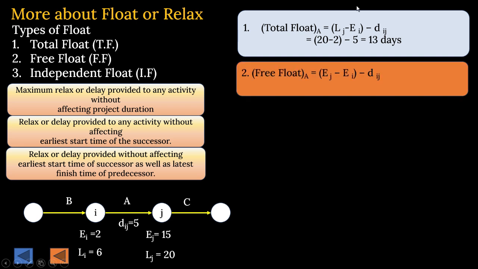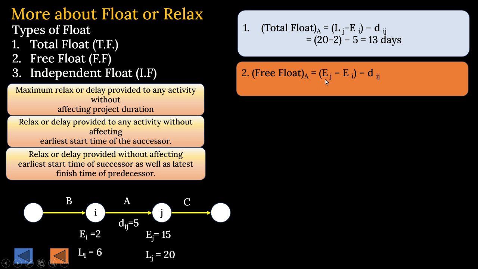Similarly, the free float of A. If you want to calculate the free float, it is the relax or delay provided to any activity without affecting the earliest start time of the successor. Who is your successor in the case of A? The successor is C, and the predecessor of A is B. So C is your successor at this point.